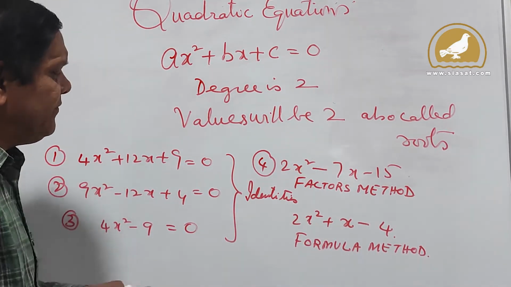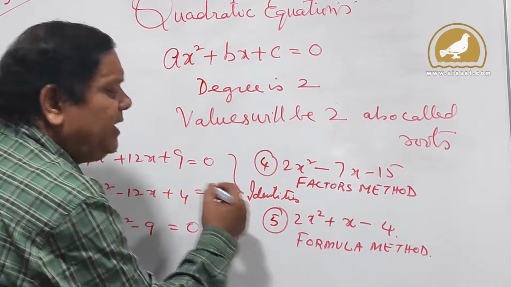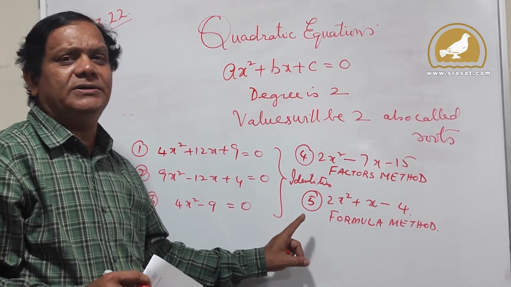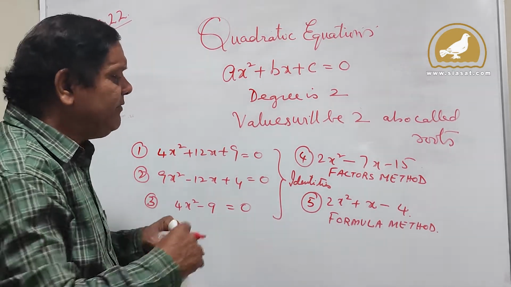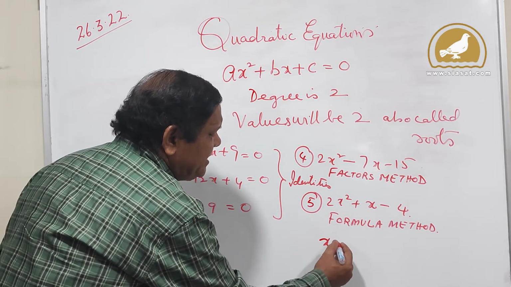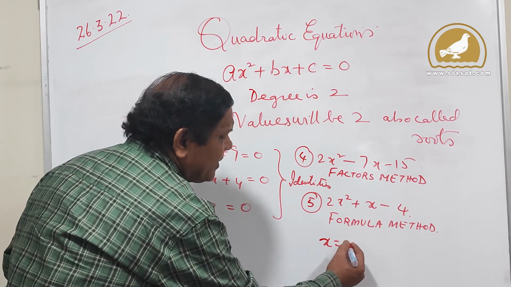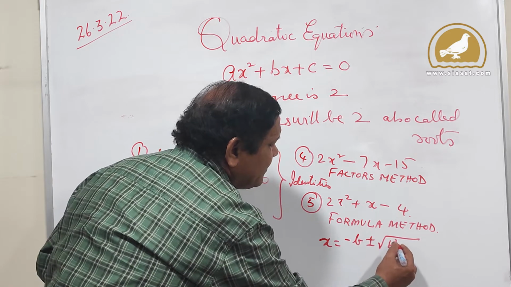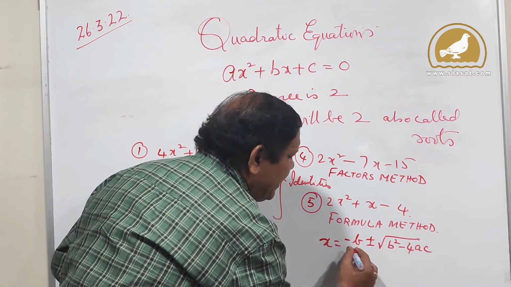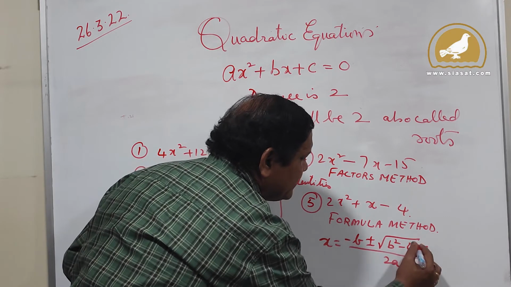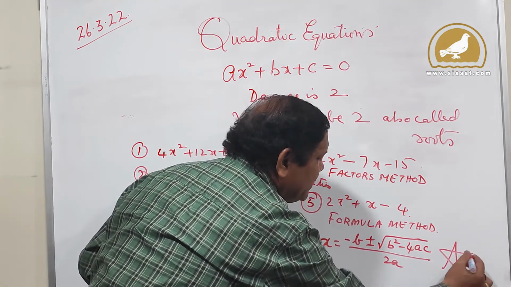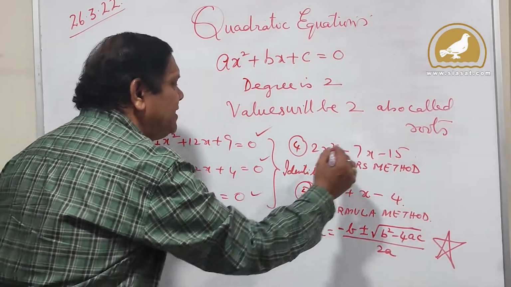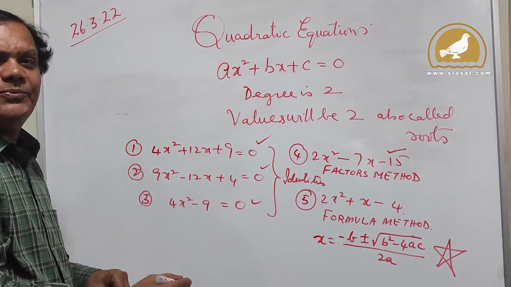And ultimately the fifth one: every equation can be solved by using the formula method, which is given by x is equal to minus b plus or minus under root of b square minus 4ac, by 2a. This formula can be used for the first, second, third and fourth also.